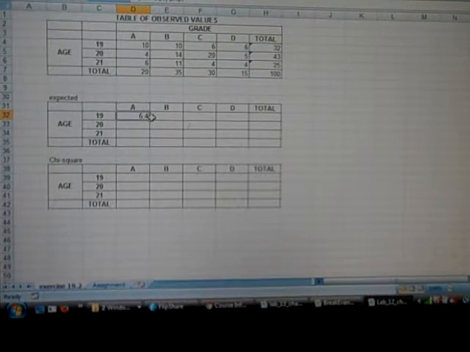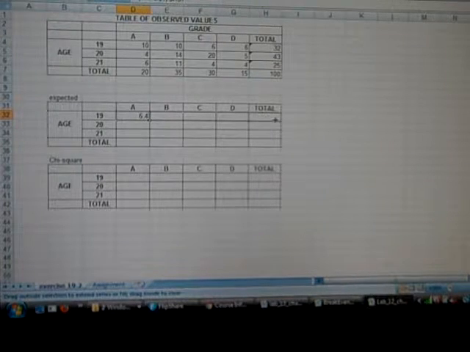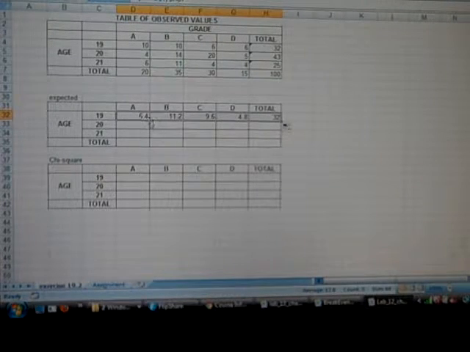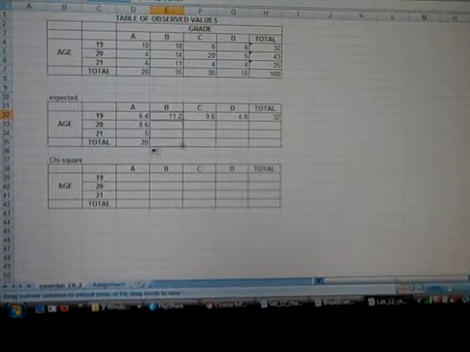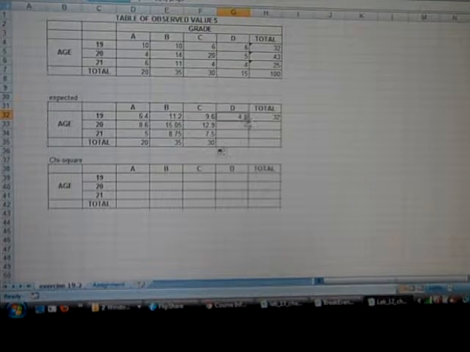Okay, so once you get this value, you can just be comfortable with dragging it, and then drag down, drag down, drag down, and drag down.